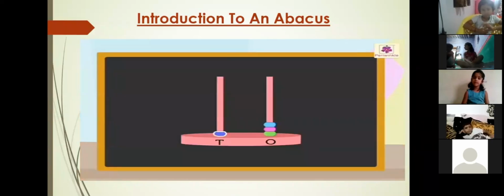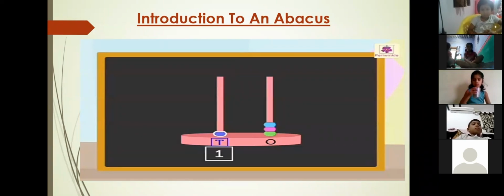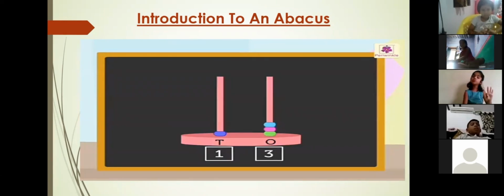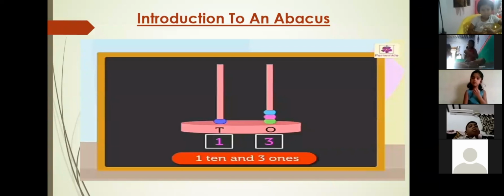Look, there is 1 bead in the tens rod and 3 beads in the ones rod. 1 bead in the tens rod means 1 ten. 3 beads in the ones rod mean 3 ones. So the number is 13. That is 1 ten and 3 ones.